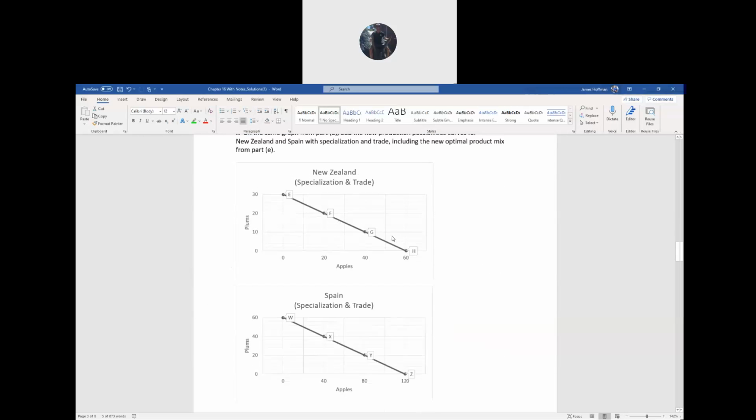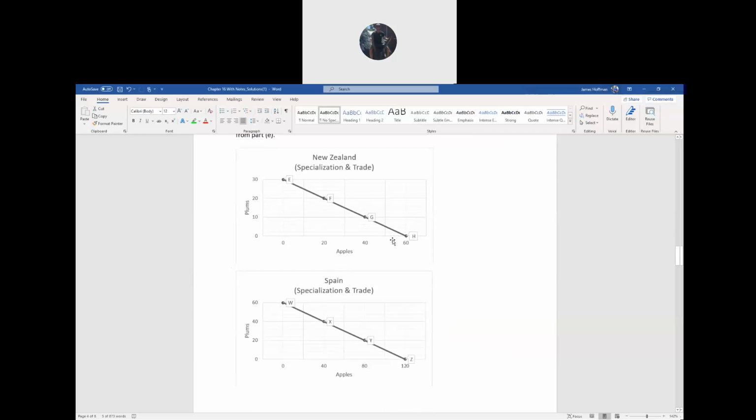Okay? So they can gain anything in between by trading some apples for some plums, or if they wanted to, at the most extreme, they can trade all the apples and get up to 30 plums. These are all the possibilities they can do given this specialization and this exchange rate.